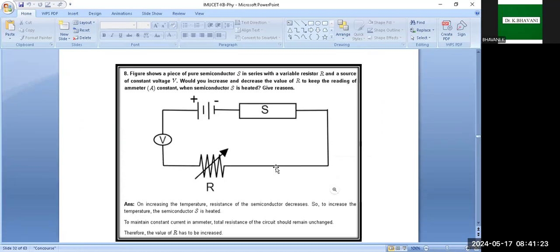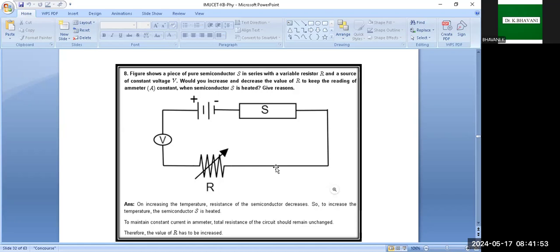And next one, guys, here it shows the figure: a pure form of semiconductor S in series with a variable resistor R and a source of constant voltage V. Would you increase or decrease the value of R to keep the reading of ammeter A constant when the semiconductor S is heated?